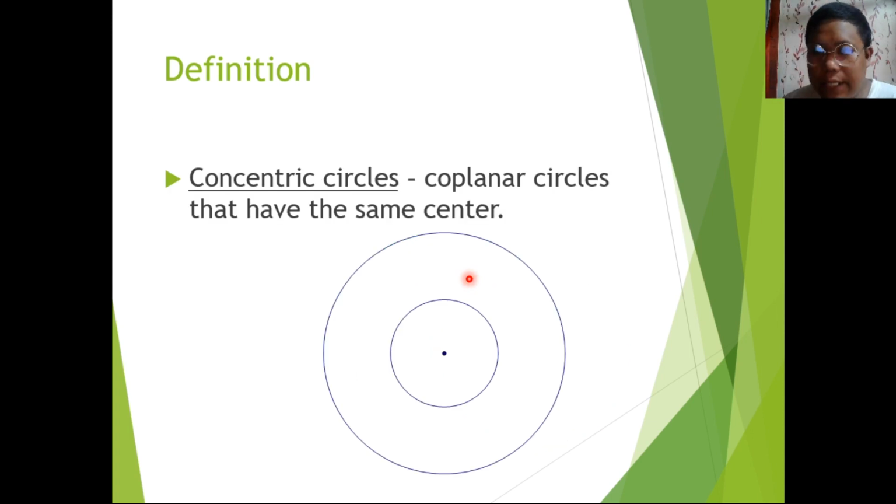Then concentric circles. These are coplanar circles that have the same center. The small circle's center is here. The bigger circle's center is also here. Therefore, these two circles are called concentric circles.